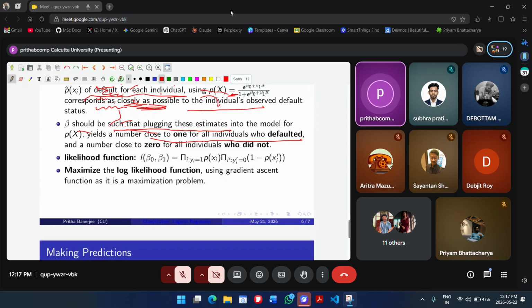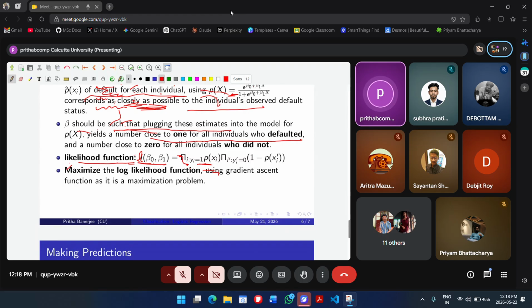So how is this modeled? This is also called a loss function. Maybe you have seen loss functions in machine learning. This likelihood function is defined like this. Typically it is denoted with L, L of beta 0, beta 1. It is basically the product over all i's.